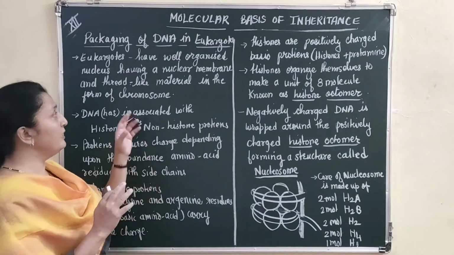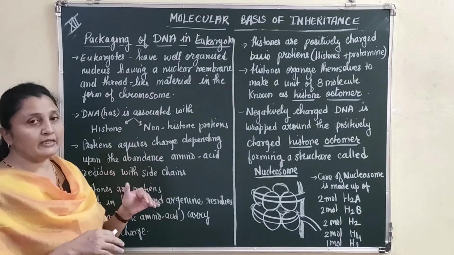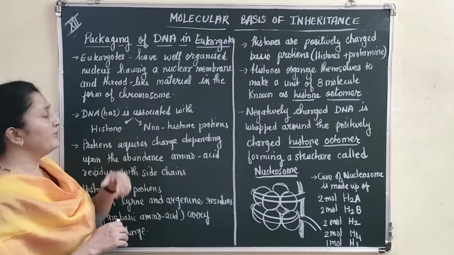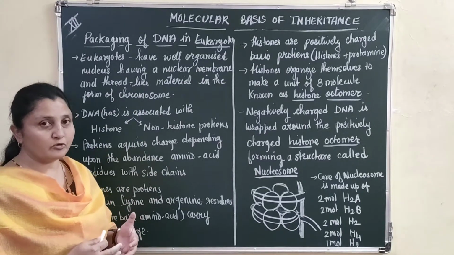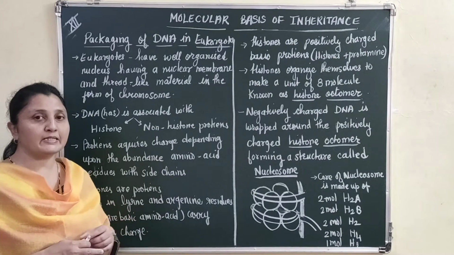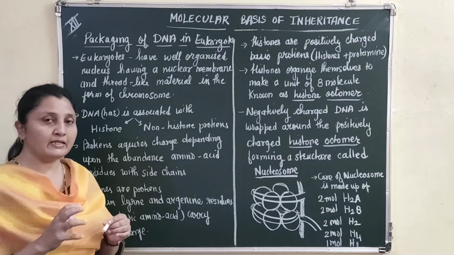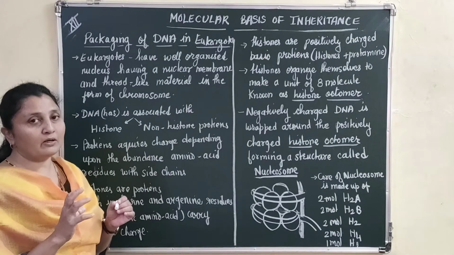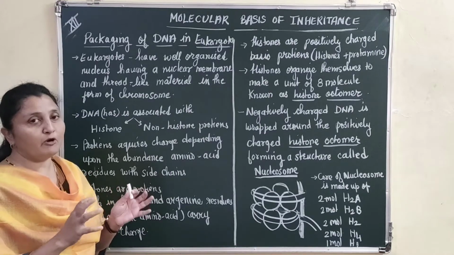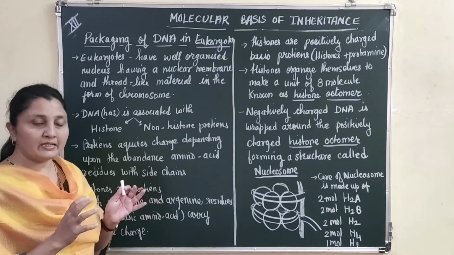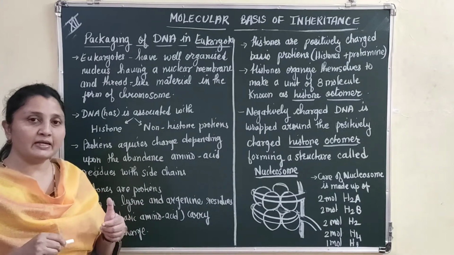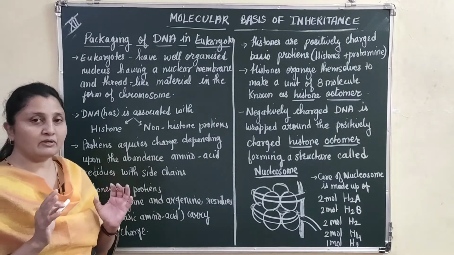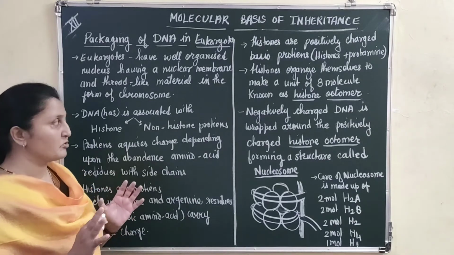Nucleus is having a nuclear membrane, and inside the nucleus you find thread-like material, and that thread-like material is called chromosome.